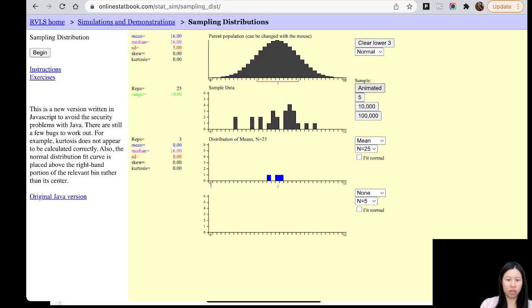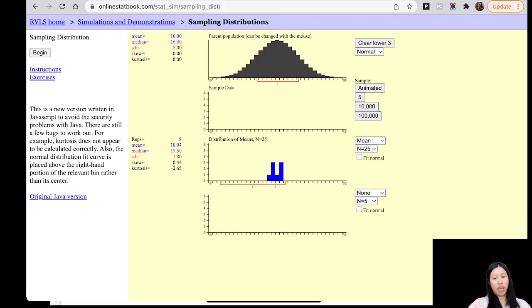Now we do another 5 random samples. From here you can see that we took 8 random samples in total, and the mean of these 8 samples is 10, whereas the population mean is 16. The standard deviation of the population is 5, and the standard deviation of the sample means is 7.8.